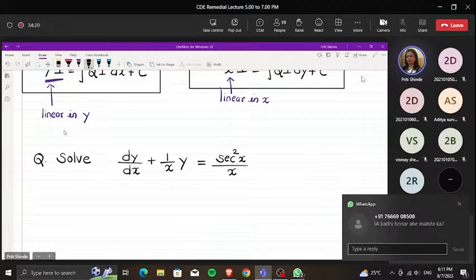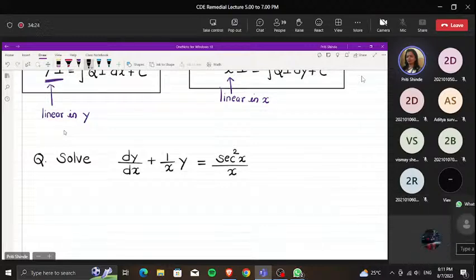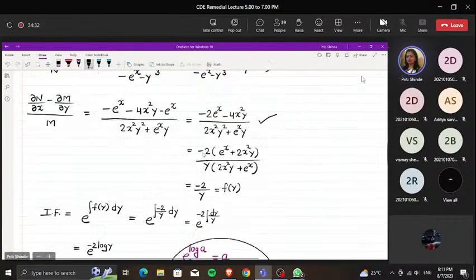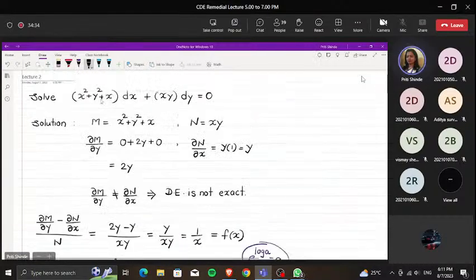Here it is not mentioned whether this is exact, non-exact, linear or reducible to linear. So what is the hint here? You can compare with your previous examples. Today's first example: solve the differential equation (x square plus y square plus x) dx plus xy dy is equal to 0.